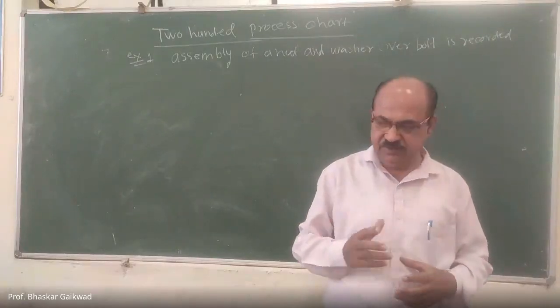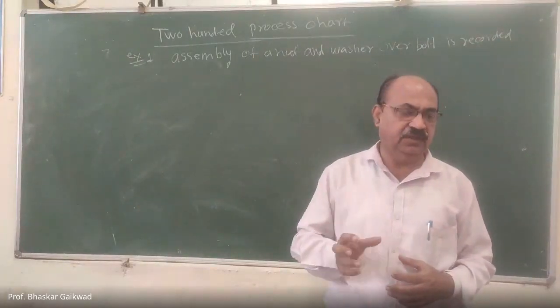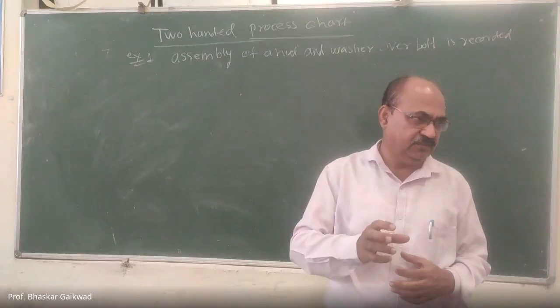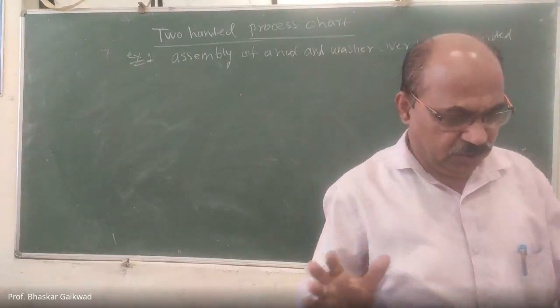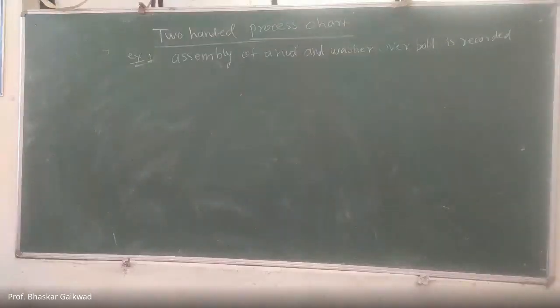Otherwise, many times in industry, what way they are doing, they are taking one hand bolt, one hand washer like this. So here we can use two hands for assembly purpose, not single hand. Sometimes we are using our right hand only for assembly purpose for doing any works. But it is not that way.